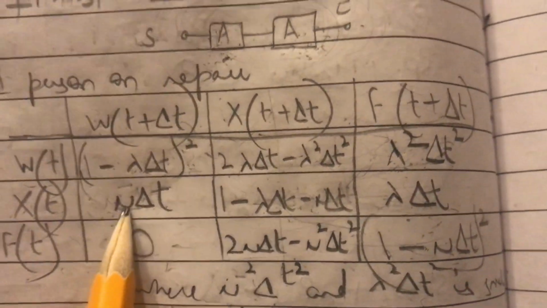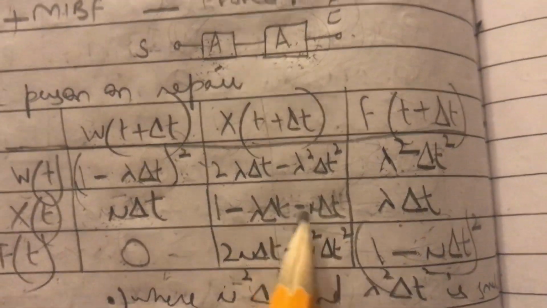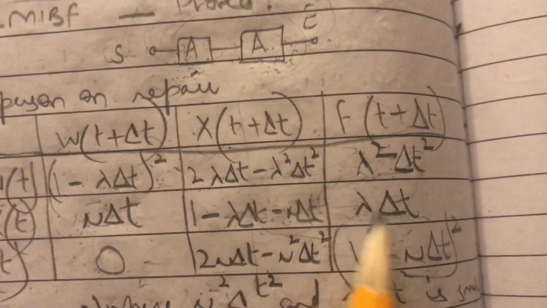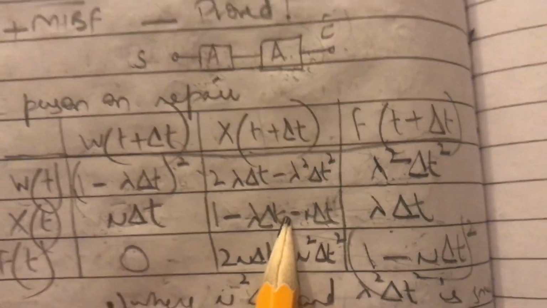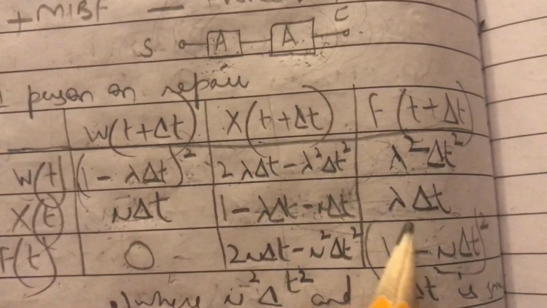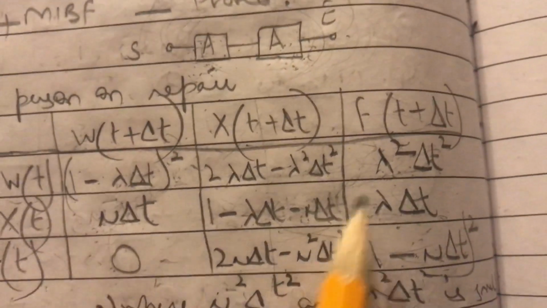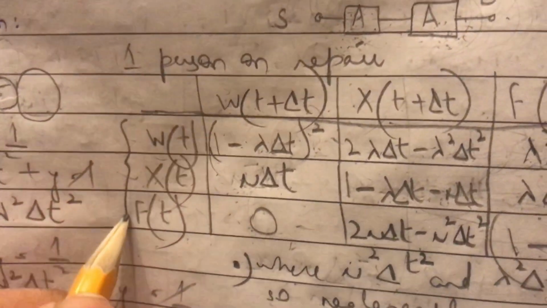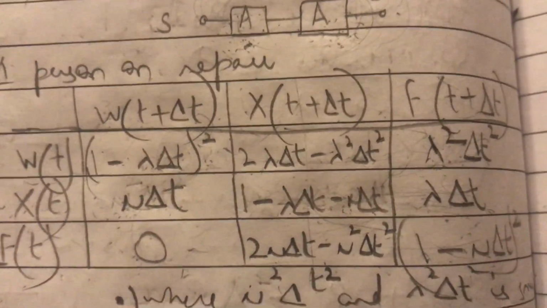First see mu delta t plus 1 minus lambda delta t minus mu delta t plus lambda delta t. Lambda delta t minus lambda delta t goes away, minus mu delta t plus mu delta t goes away, and what remains? 1. So this is correct. That means we can write it here equals to 1. So this middle thing is correct.